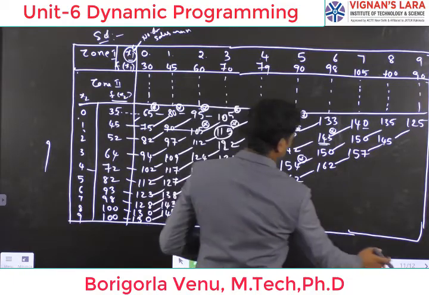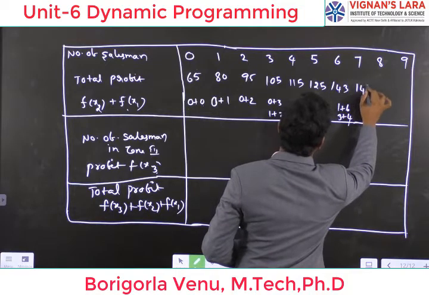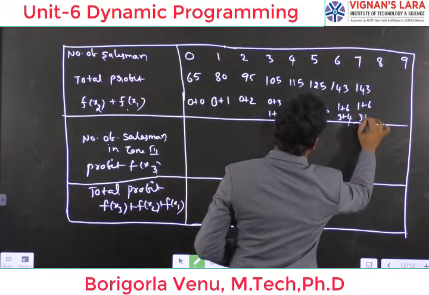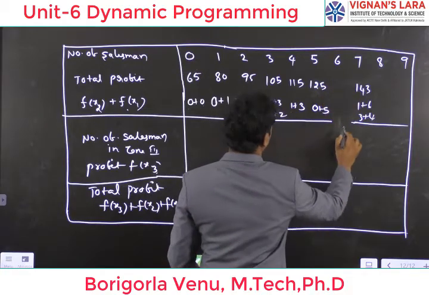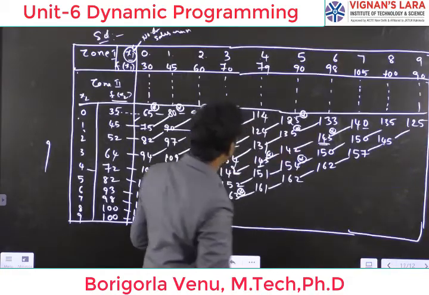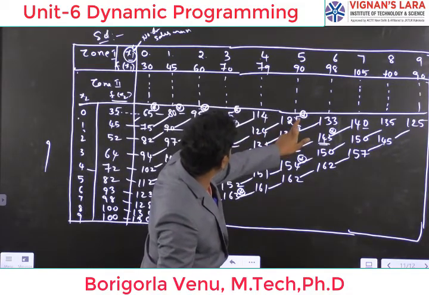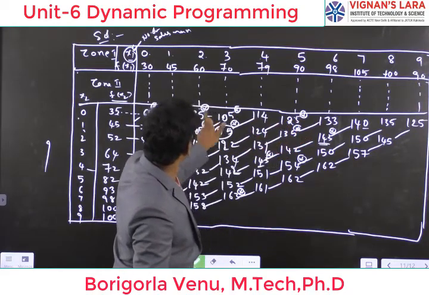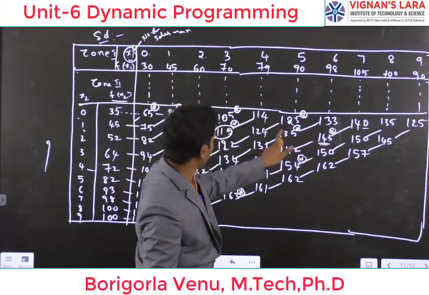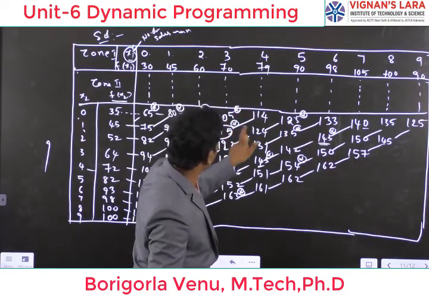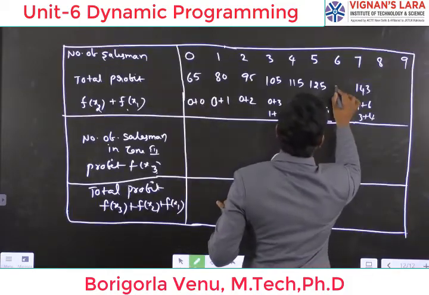So the 143 is not the seventh one, and the sixth one we have to recalculate. Counting 0, 1, 2, 3, 4, 5, 6, the sixth one is 135.